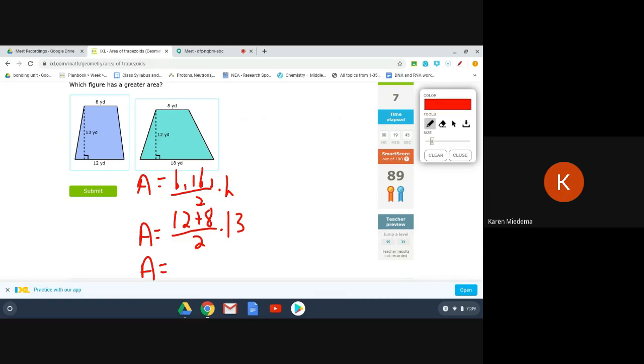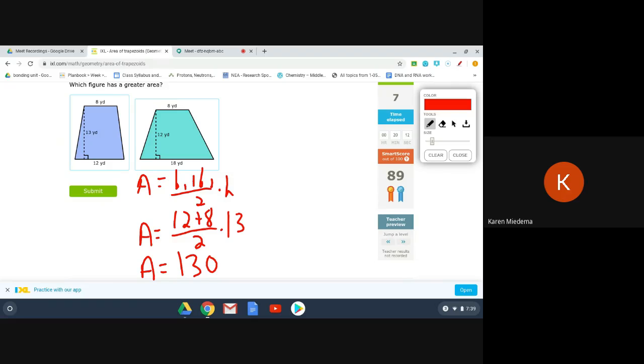And again, in this case, I'm going to go ahead and use my calculator and type it in exactly how I say it. So 12 plus 8 gives me 20. 20 divided by 2 is going to give me 10. And then I have 10 times 13, which gives me 130. So the area of the trapezoid on the left-hand side is 130 square yards.